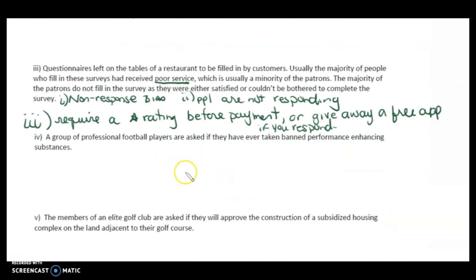Okay, number 4, a group of professional football players are asked if they have ever taken banned performance enhancing substances. So if these substances are banned, what kind of question is this? Well, I think that this is going to be a response bias, because no matter what the actual answer is, they're going to lie because they don't want to get in trouble. They don't want to get ejected from the games or not be allowed to play or be fined money.